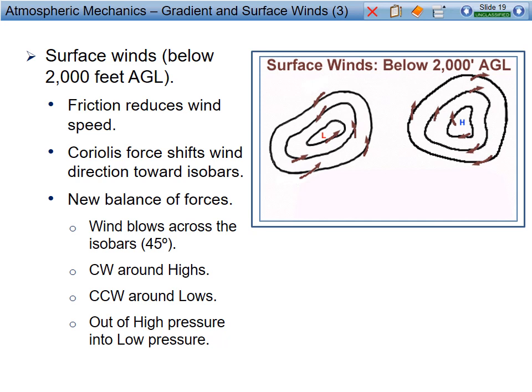The direction that they shift in that 45 degrees is going to be dependent on the pressure gradient force. In this case, the pressure gradient force is acting in to the lows, so the winds are canted 45 degrees inward toward the low pressure center, and the pressure gradient force acts outward of the high, so those surface winds are canted 45 degrees outward away from the high pressure center.